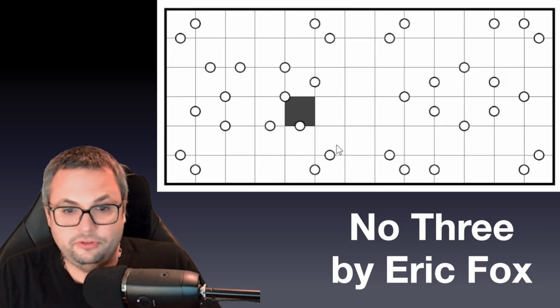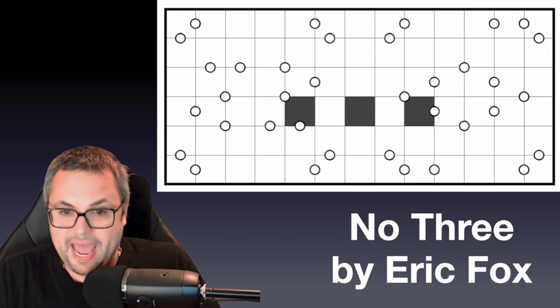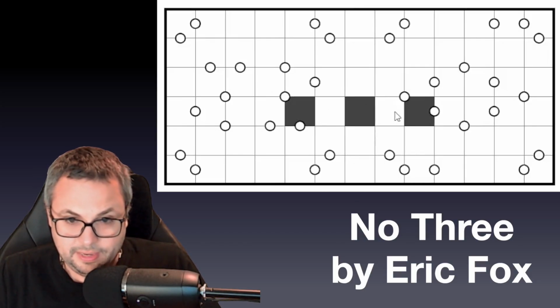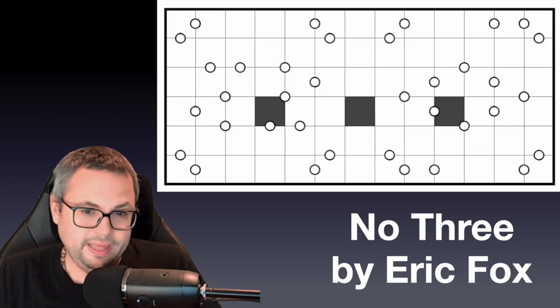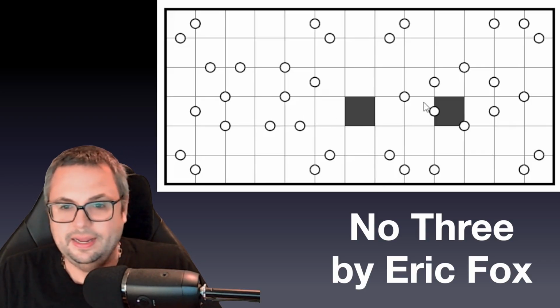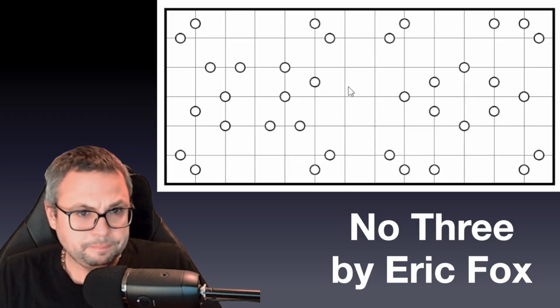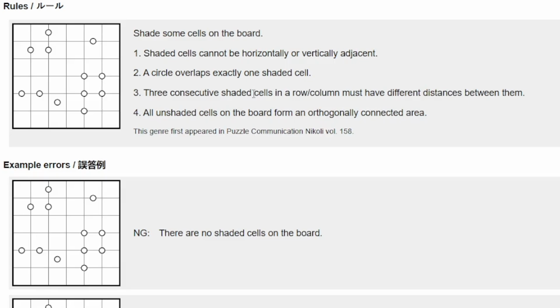That's them shading, but it's saying I can't do that either because that's sort of an equidistant space. And I'm also, interestingly, forbidden from doing that, which is going to be a very interesting rule, I suspect. And finally, all unshaded cells on the board form an orthogonally connected area. So let's see how we can do with this.